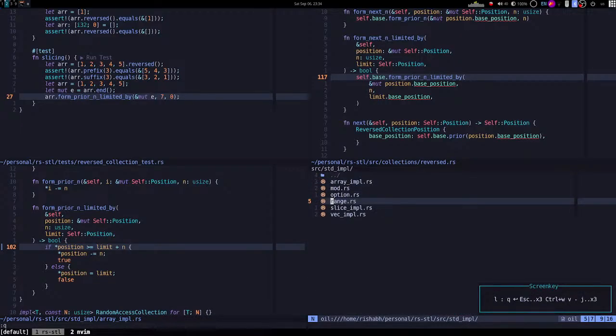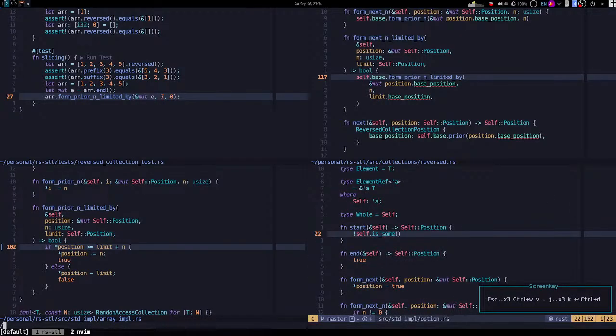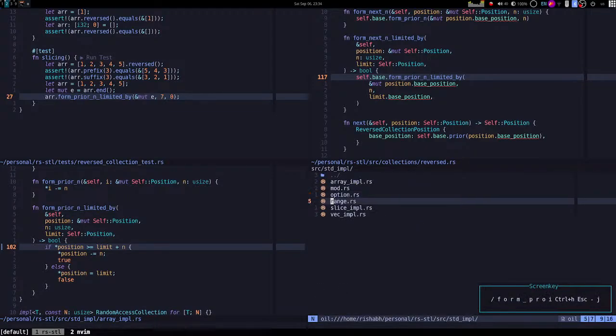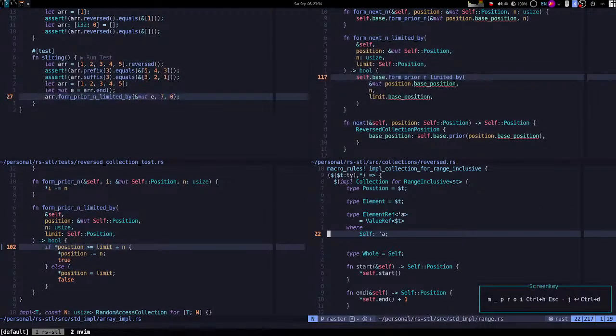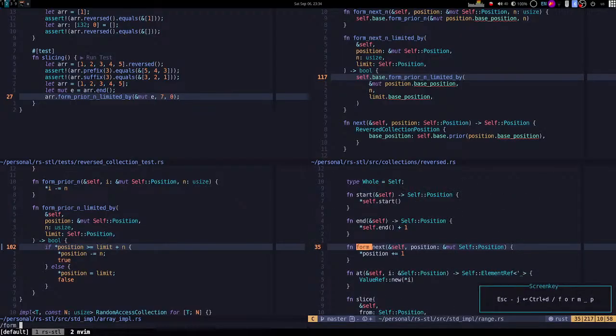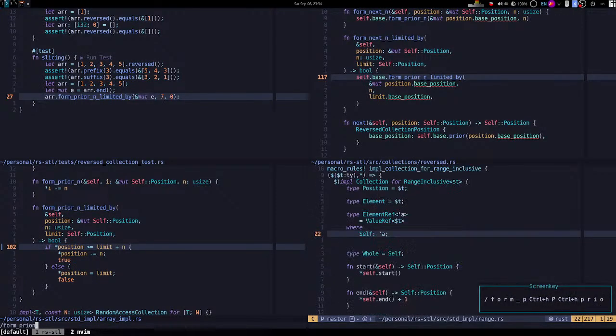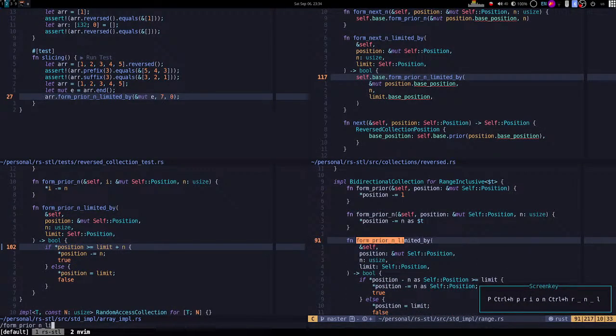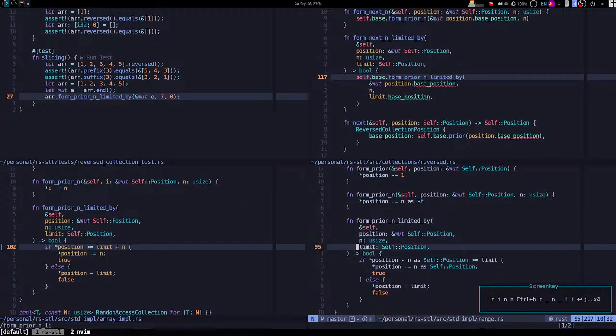Let me change it for form prior. For that it will not be there. Range, I think range it might be there. Form prior and limited by.